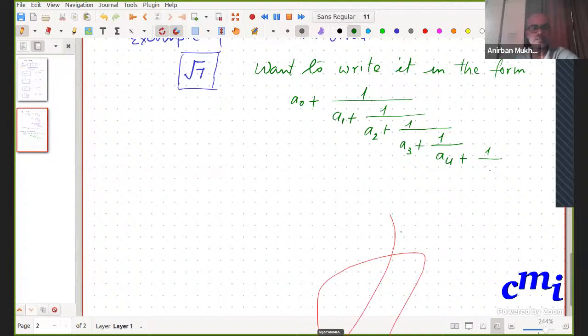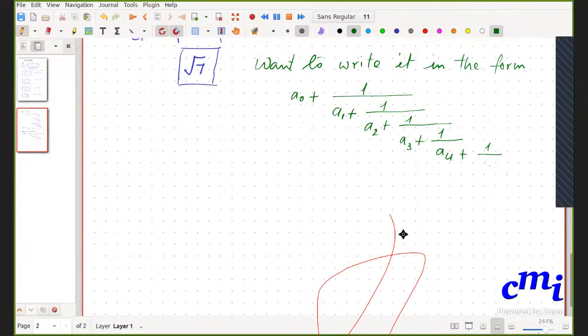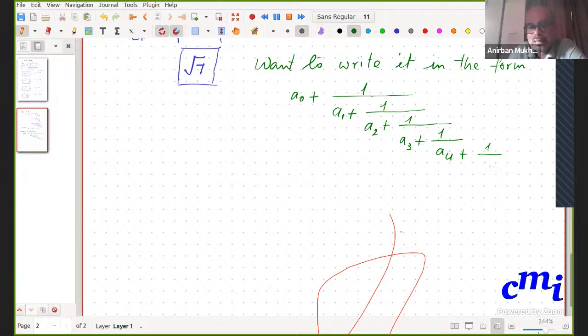So we want them to be integers. So can we find a sequence, a rational sequence converging to this point? Is it always possible? Yeah, exactly. So that's a very good question, because one of the purposes of studying continued fractions is that we want to find explicit sequences of rational numbers converging to irrational numbers.